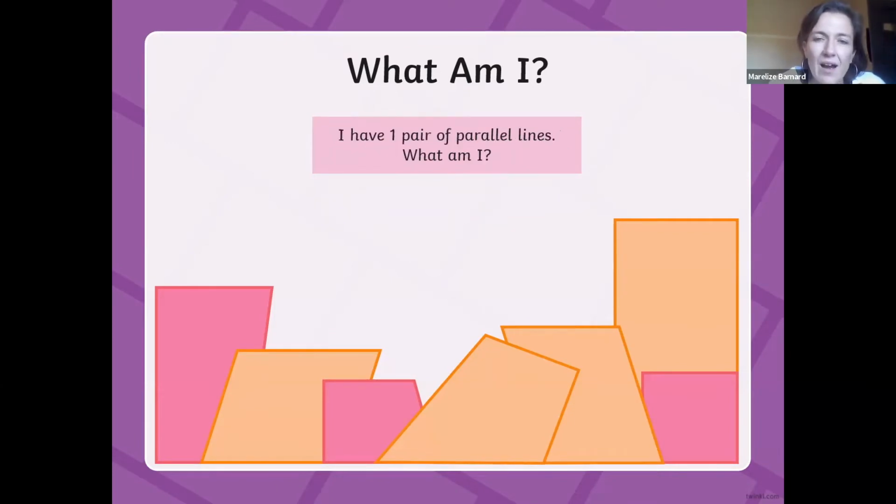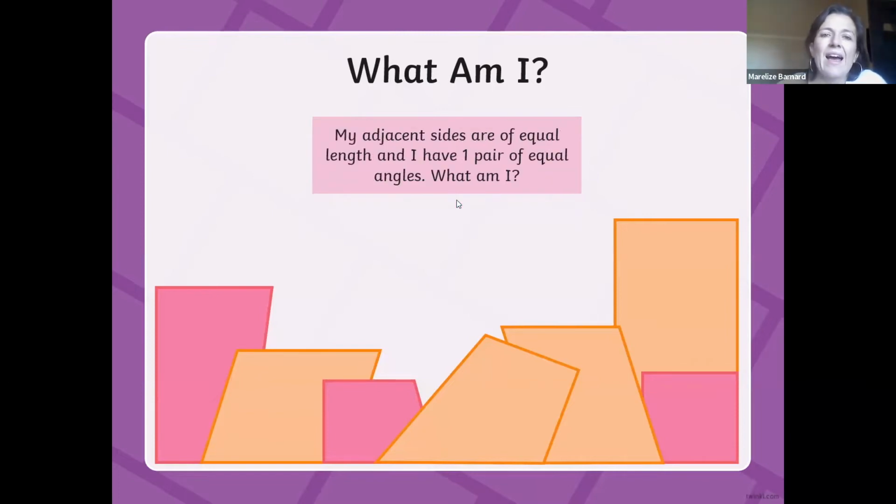I have 1 pair of parallel sides. What am I? Trapezium. That's right. 1 pair of parallel sides makes it a trapezium. My adjacent sides are of equal length and I have 1 pair of equal angles.